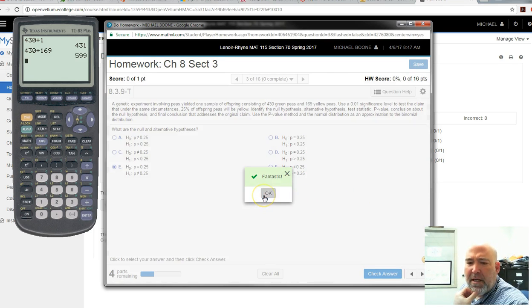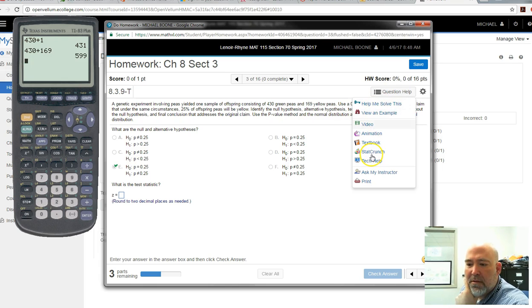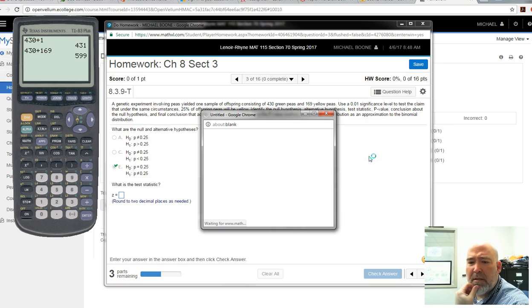Next thing it's going to ask for are our test statistics, our p-values. We're going to make conclusions. So when I do this, all I'm going to do is go into StatCrunch. I'm dealing with proportions in section 3.